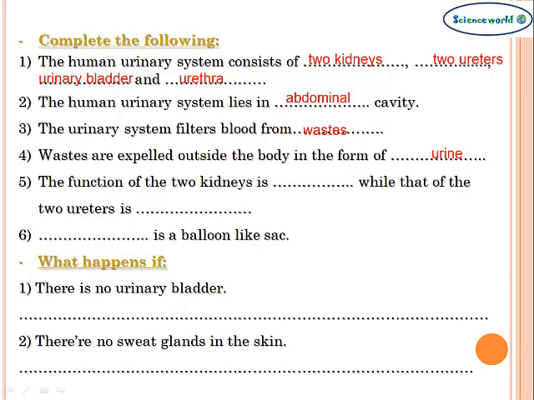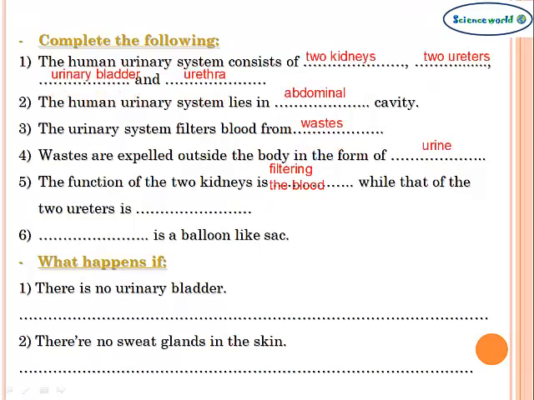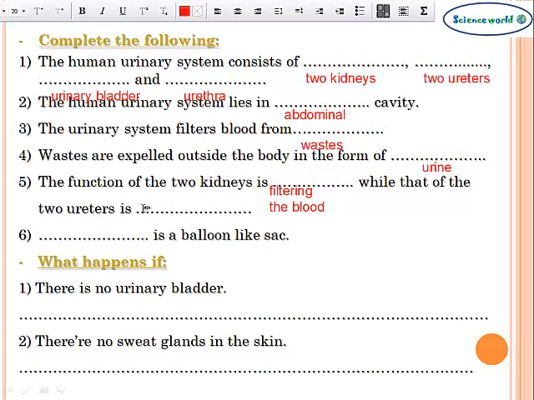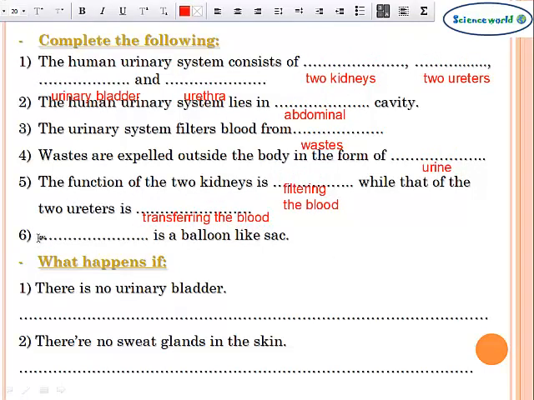Yes, the function of the two kidneys is filtering the blood, while that of the two ureters is transferring the urine. 6. The space is a balloon-like sac. Yes, urinary bladder.